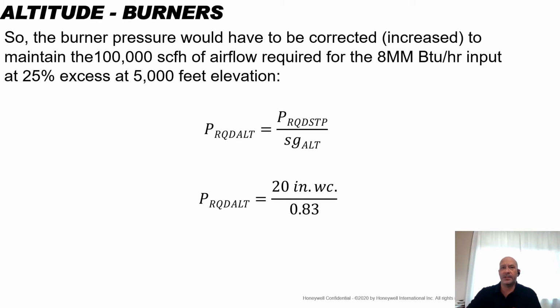What that tells us is, to move the additional volume of air and maintain our 100,000 SCFH, we need to see pressure at that burner inlet, assuming there's no back pressure or other pressures related to the system, of just over 24 inches of water column. So there's our correction. Because if we maintain only 20 inches, we would not get enough volume, I should say mass flow, at altitude to support that 8 million BTUs an hour.